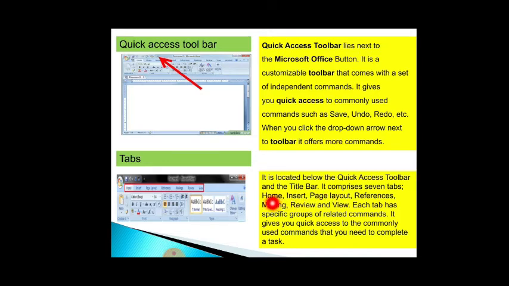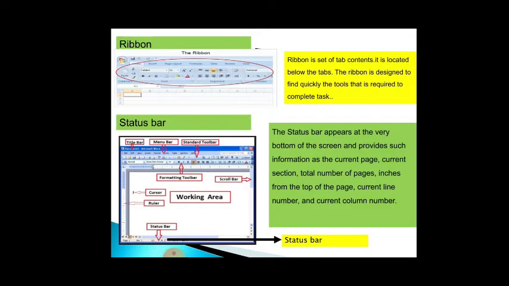Each tab has specific groups of related commands. So the home tab has some specific commands related to the home. That is nothing but a tab. It gives you quick access to the commonly used commands that you need to complete a task.